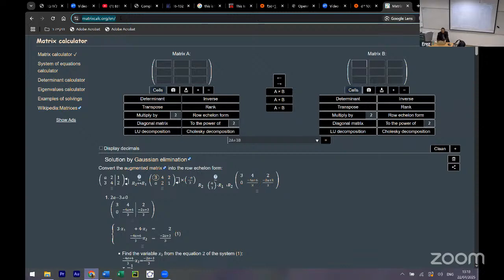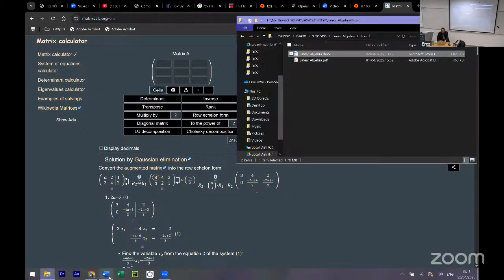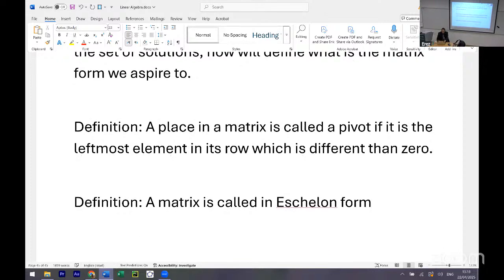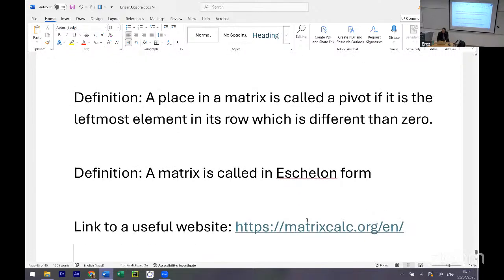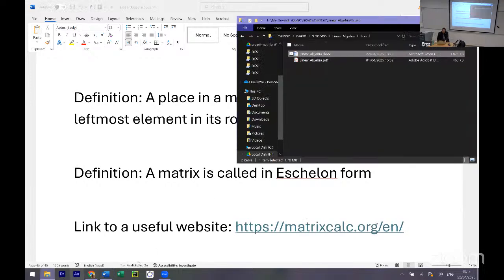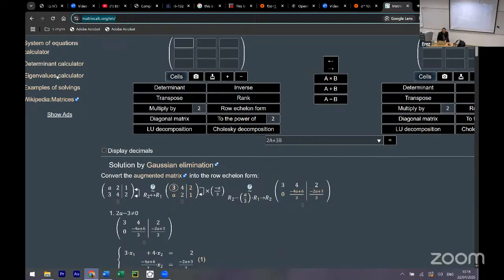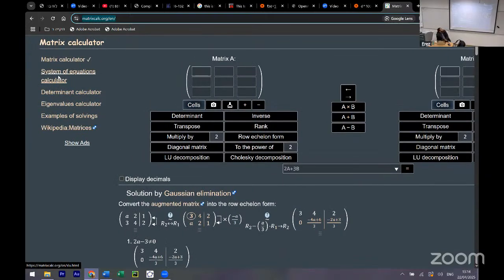In any case, I want you to be familiar with this site as well. I don't remember if I've shown you this before, but I will write it. I will add it here. Link to a useful website. And it's also written there, the name, right? But we'll use it every now and again. System of equations calculator. That's what's relevant for now.